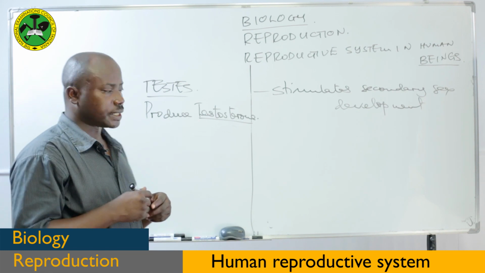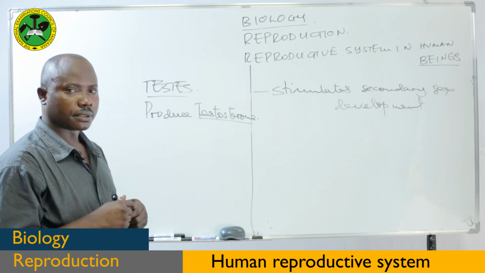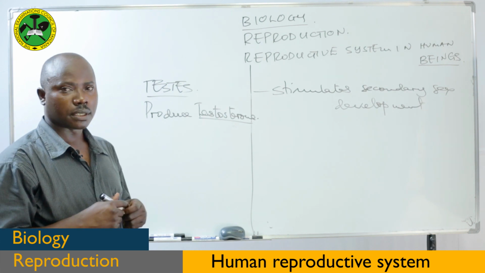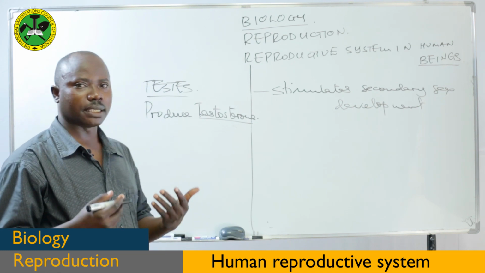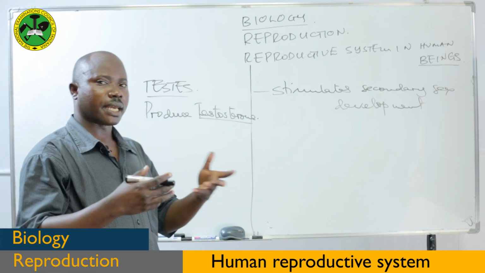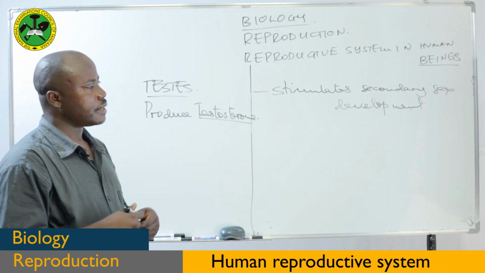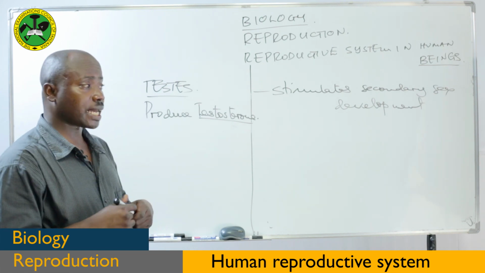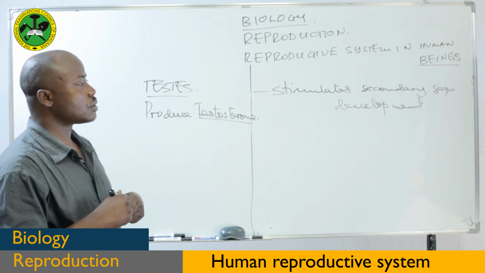The first function is that testosterone stimulates secondary sex development. As we all know, development of the beard, development of the hair at the armpits, the hair around the genitals, and the other secondary sex features. The second function is that it stimulates spermatogenesis.